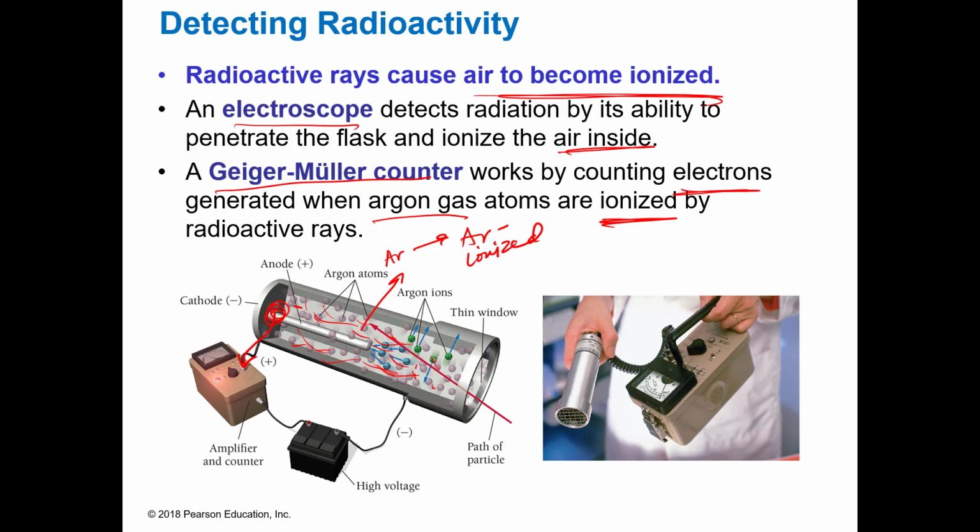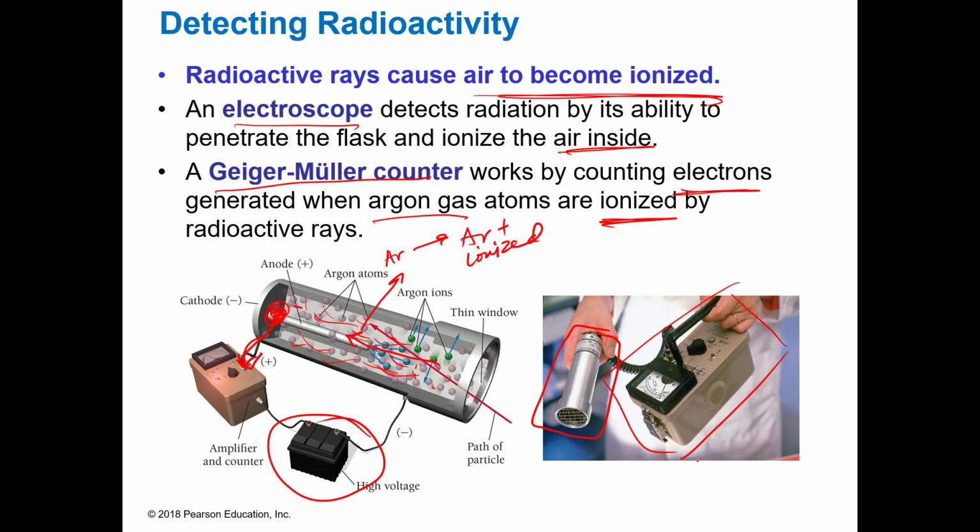So these charged argons then go to this detector. It counts them and sends that count to the amplifier counter. Then you have a voltage source in order to make this occur. This is the industrial kind, the big one you see in movies and everything.